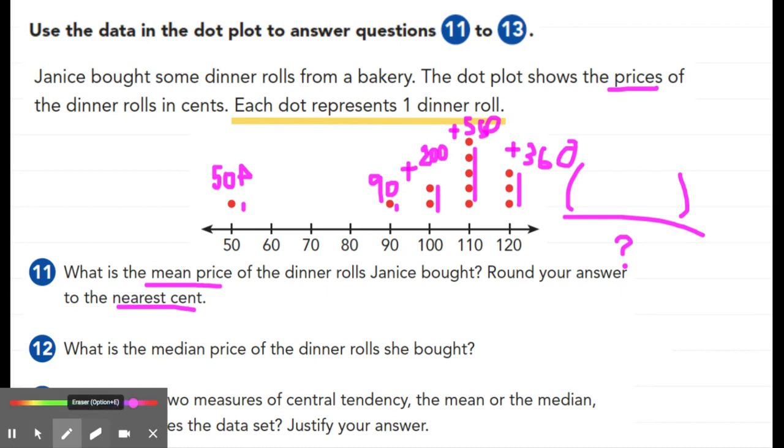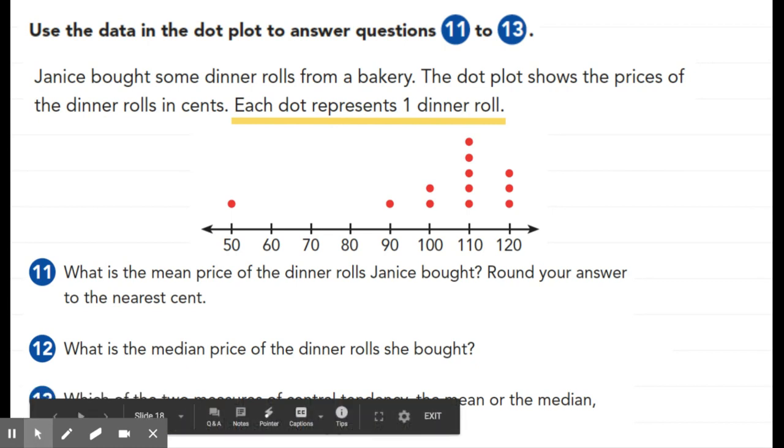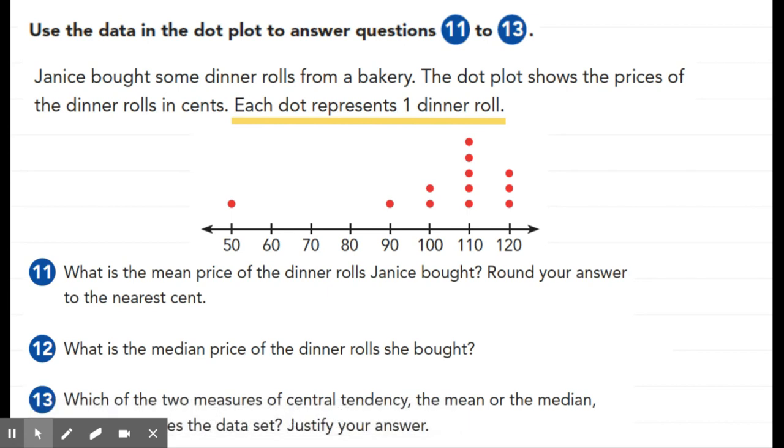The second question asks what is the median of the dinner rolls she bought. So you're going to start from the least and the greatest, and you're going to cross off one at a time until you find the middle value. And then for number 13, the question asks which of the two measures of central tendency would be more appropriate for this data set.